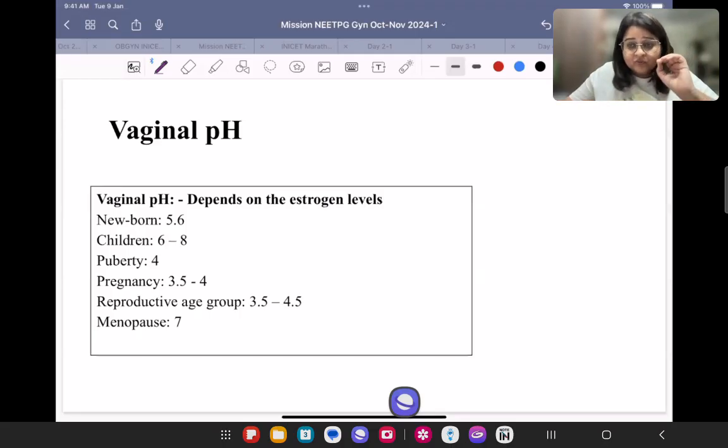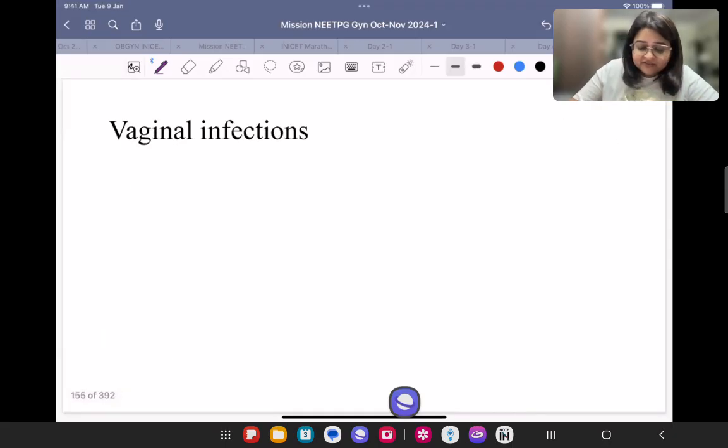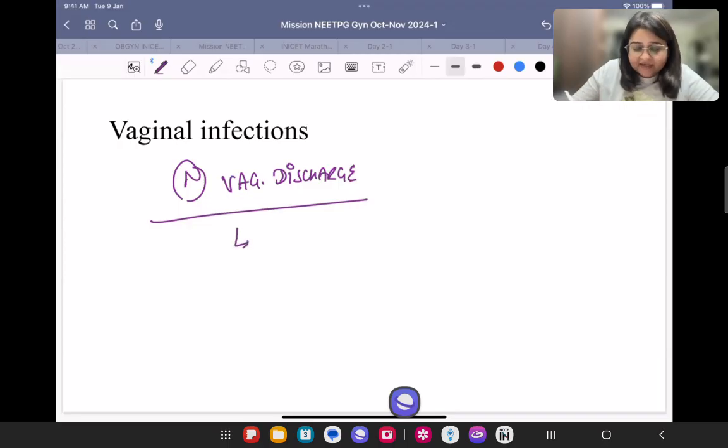Now, so what is the normal vaginal discharge? Before you know what is a vaginal infection, we first talk about what is normal vaginal discharge. So every woman will have a normal amount of vaginal discharge. It could be excessive at times.